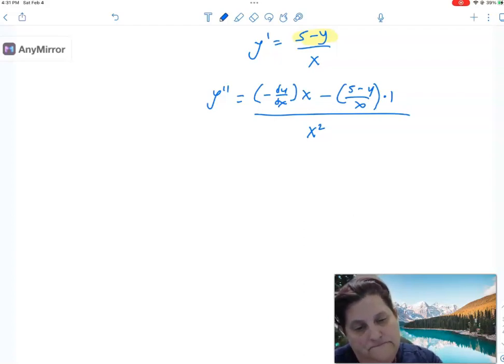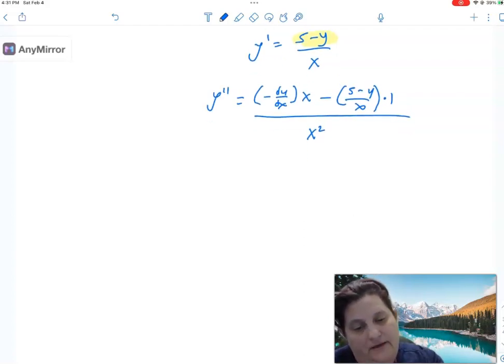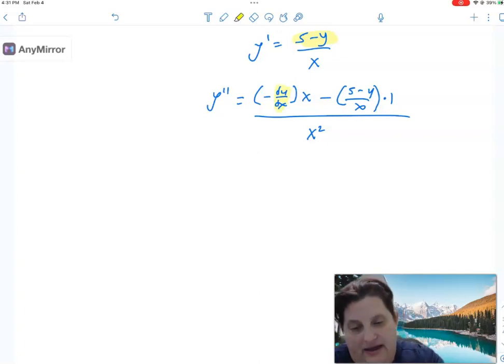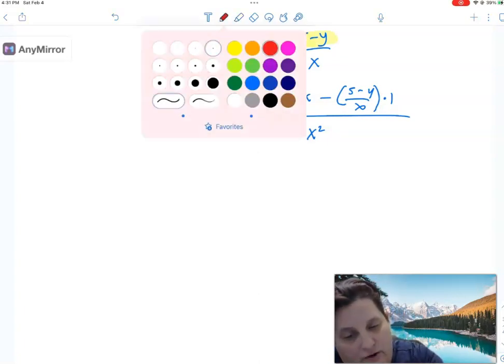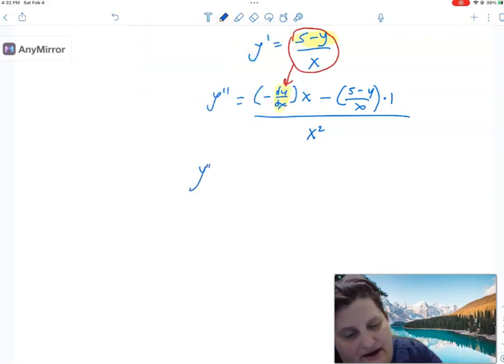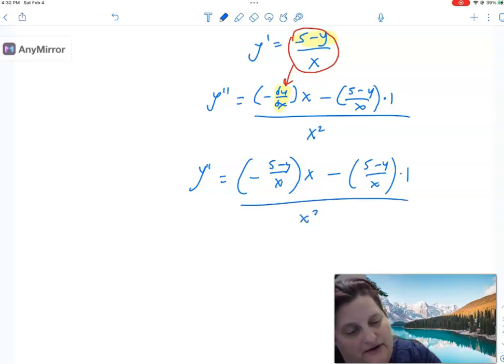Now, this has a dy dx in it, and I actually want to replace that with this, because this is y prime. So it's negative (5 minus y over x), times x, and then minus (5 minus y) times 1, over x squared.